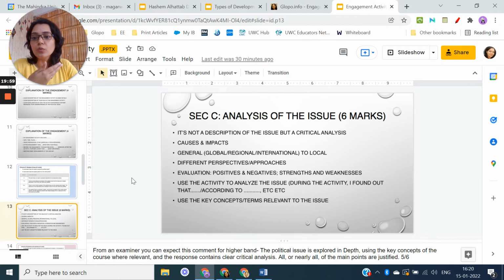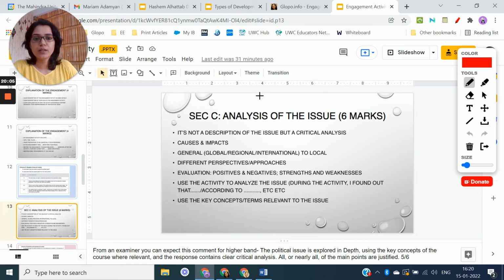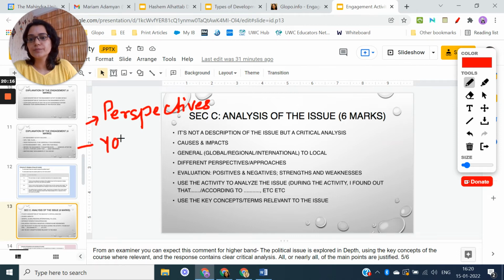Why and how. Here you would be including different perspectives that you gathered through your interviews. You would be using your own knowledge. You would be using key concepts over here.